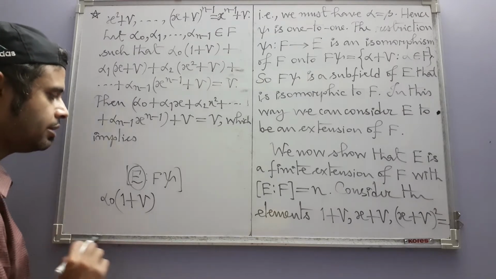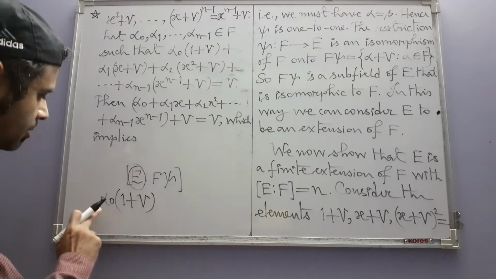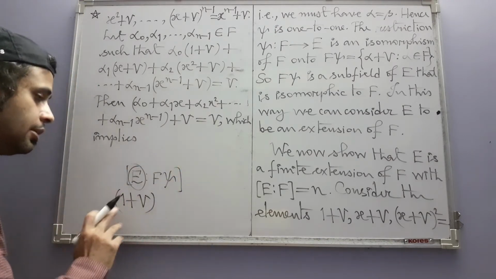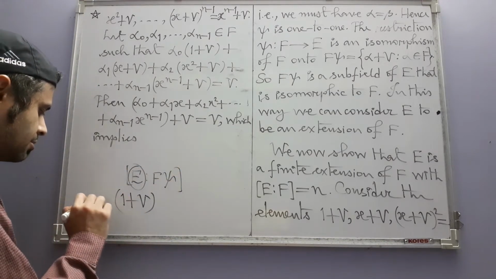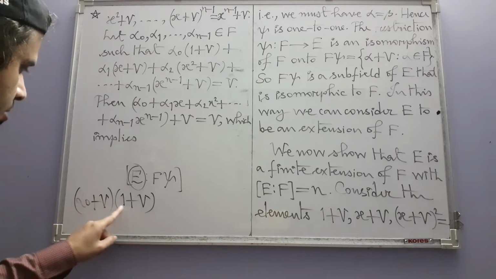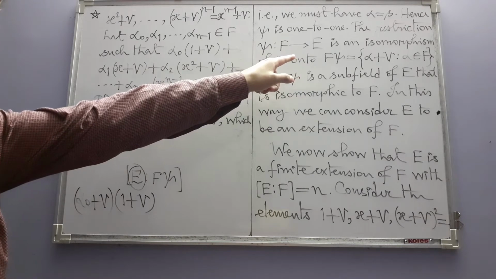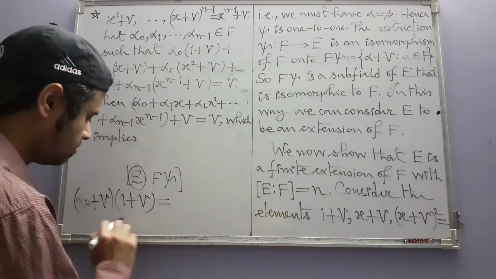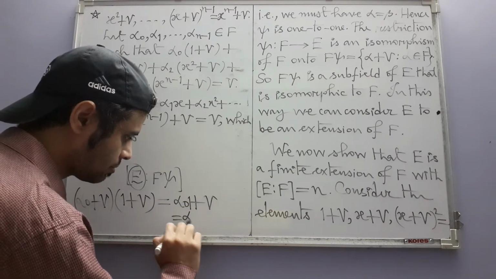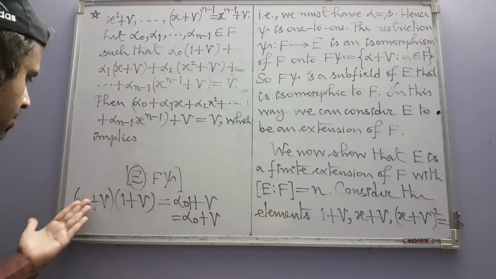However, when you truly understand what this alpha naught is, then it becomes meaningful. This alpha naught is not simply alpha naught, but it is also a coset, alpha naught plus V. This multiplication makes sense because this is the product of these two cosets, which is already there in E. And according to that, we have alpha naught times 1 plus V, which is alpha naught plus V. But then why are we writing alpha naught in place of alpha naught plus V?